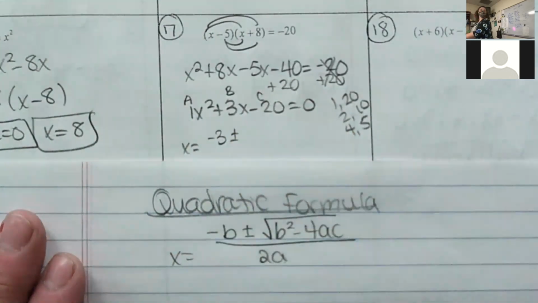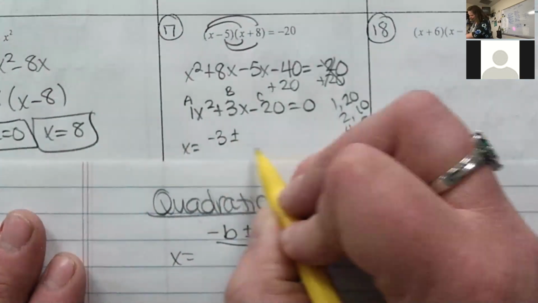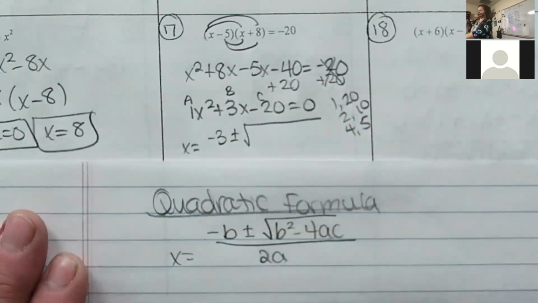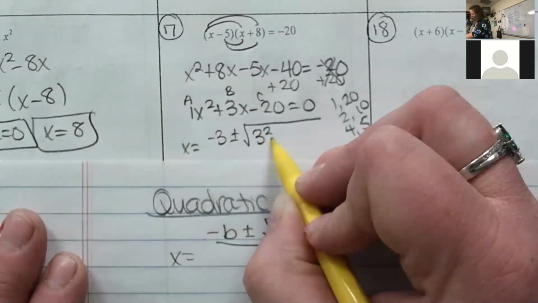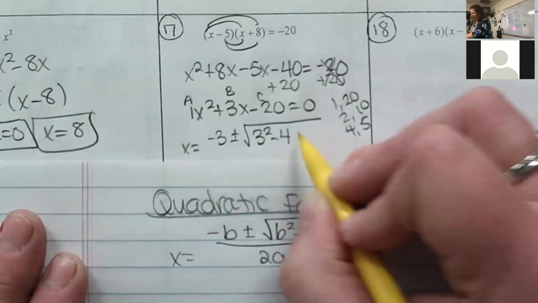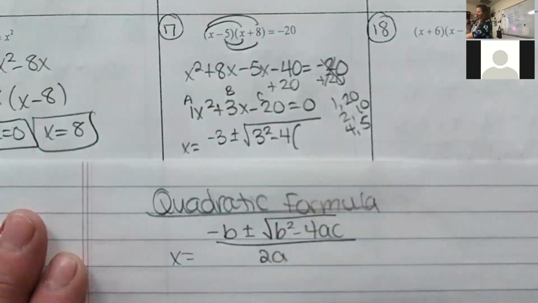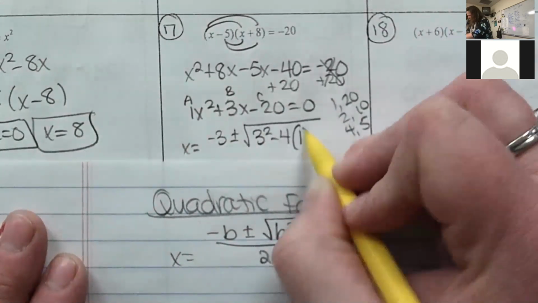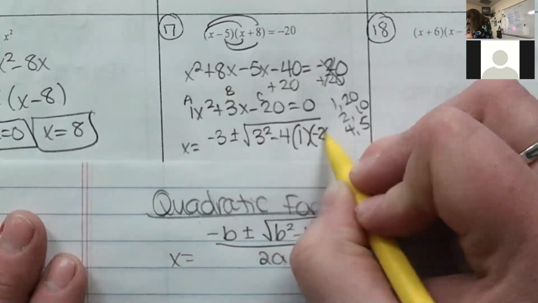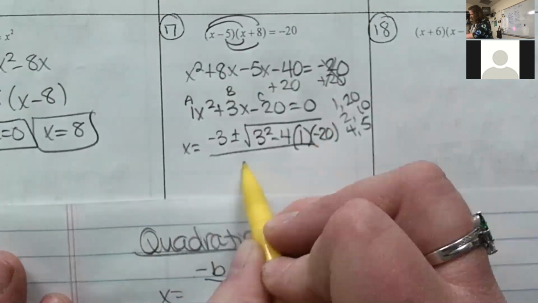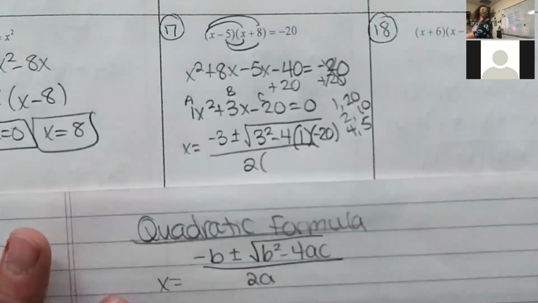Plus or minus the square root. Remember, we're not doing any math, we're just plugging them in right now. What's b? 3. So we put 3 squared, minus 4, which is just part of the parenthesis, and then parenthesis. Now plug in a: 1. Another parenthesis. Plug in c: negative 20. Good. All over 2 times a.